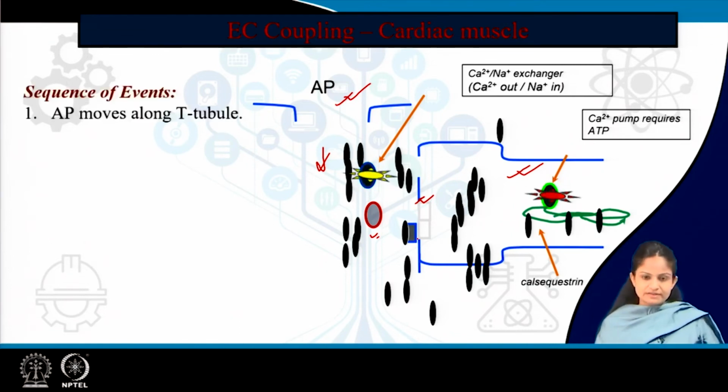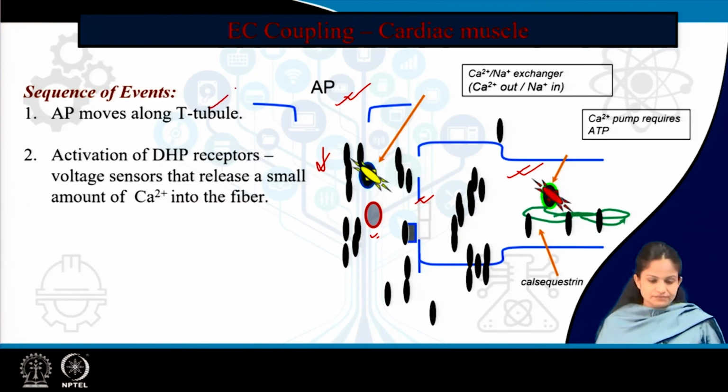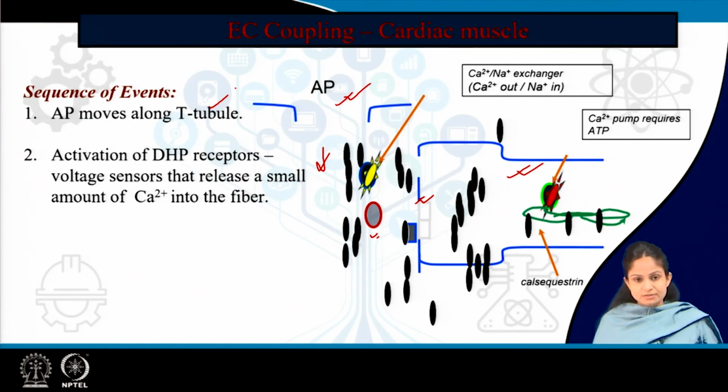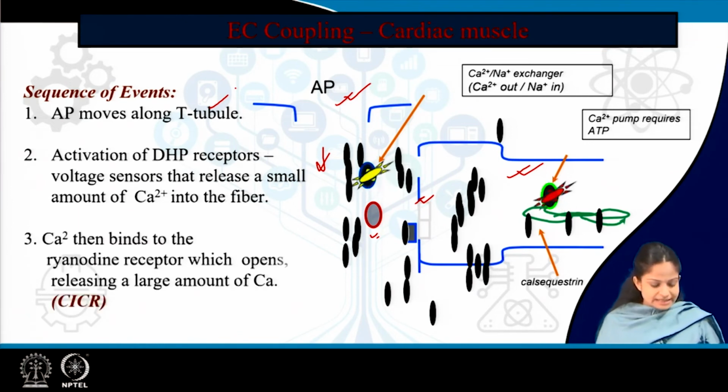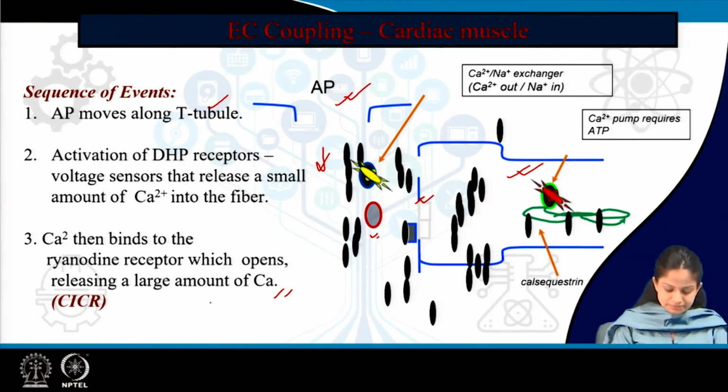So, the sequence of events is: the action potential moves along the T tubule, then we have activation of the dihydropyridine receptors or the L type of calcium channels, which are the voltage sensors that sense the electropositivity. Calcium then binds with the ryanodine receptors, which open and release a large amount of calcium, and this large amount of calcium is what we call a calcium spark.